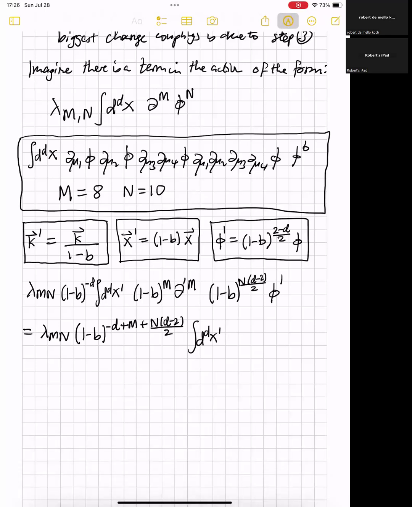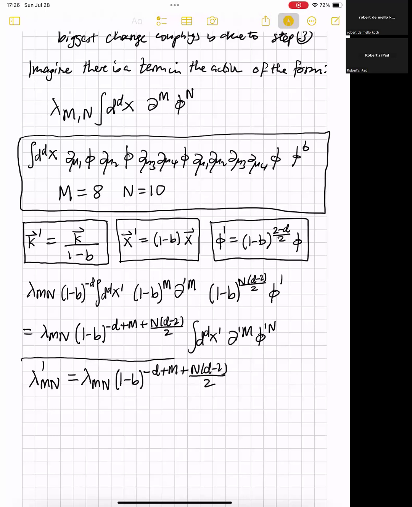Then we have d prime to the m, phi prime to the n. Good. So that coefficient that is sitting up front, that is what we would mean by the coupling after we did these 3 steps. So this is the coupling that we get after doing 1, 2, and 3. And then we would repeat it again, okay?